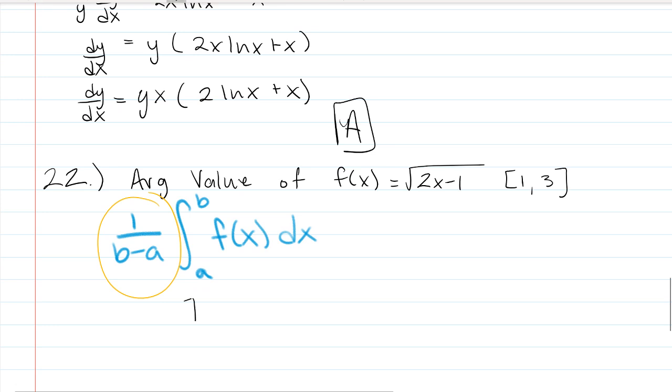Did y'all not get that last year, or is it just rusty? Rusty, okay. Now what? Let's keep chugging along.